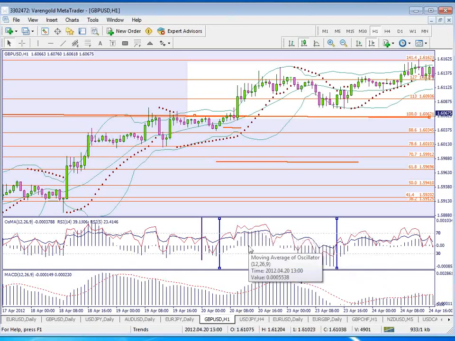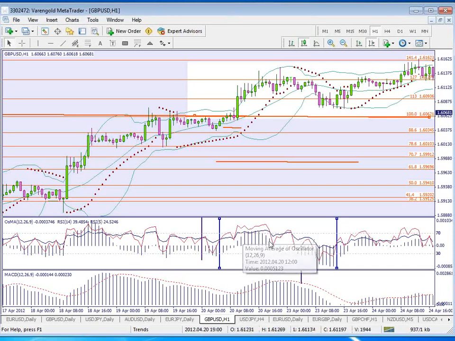When we have RSI 14 above the 70 level or under 30 level, it means that there are special periods when the market has a lot of feelings, maybe panic, maybe too much enthusiasm.